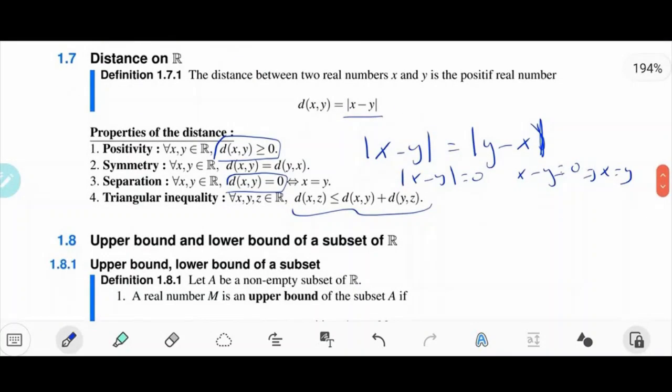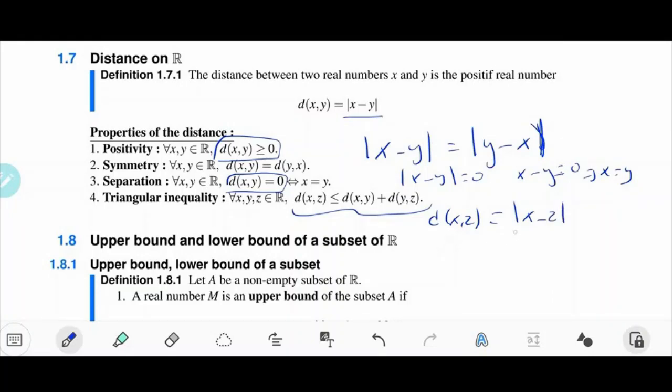In other words, if you have the distance between x and z less than the distance between x and y plus the distance between y and z, it can be deduced from the triangular inequality by writing d(x,z) is equal to the absolute value of x minus z, of course.